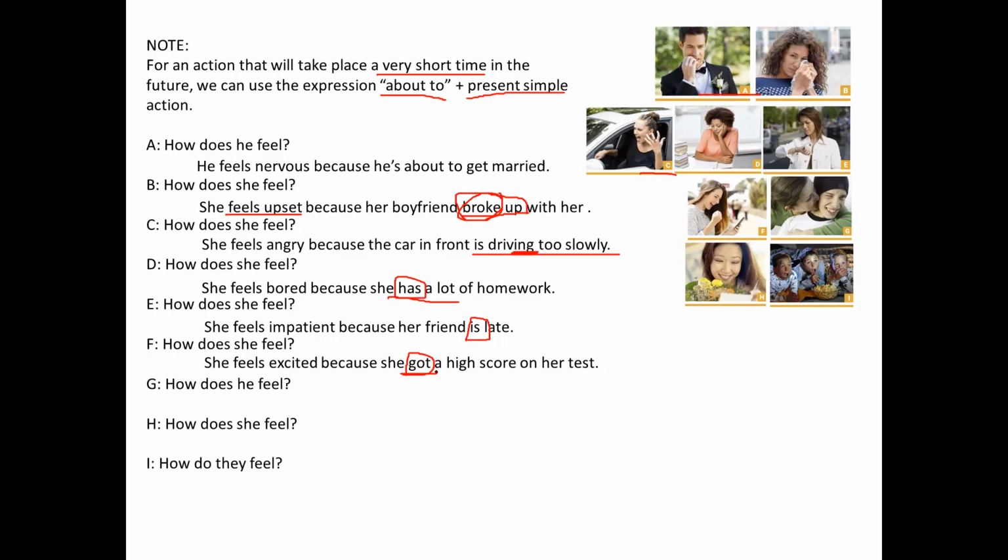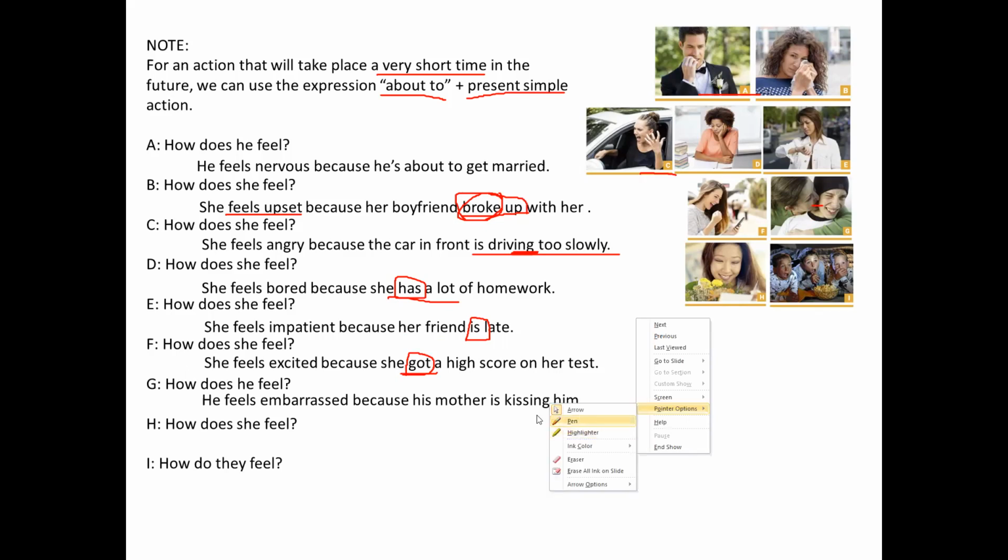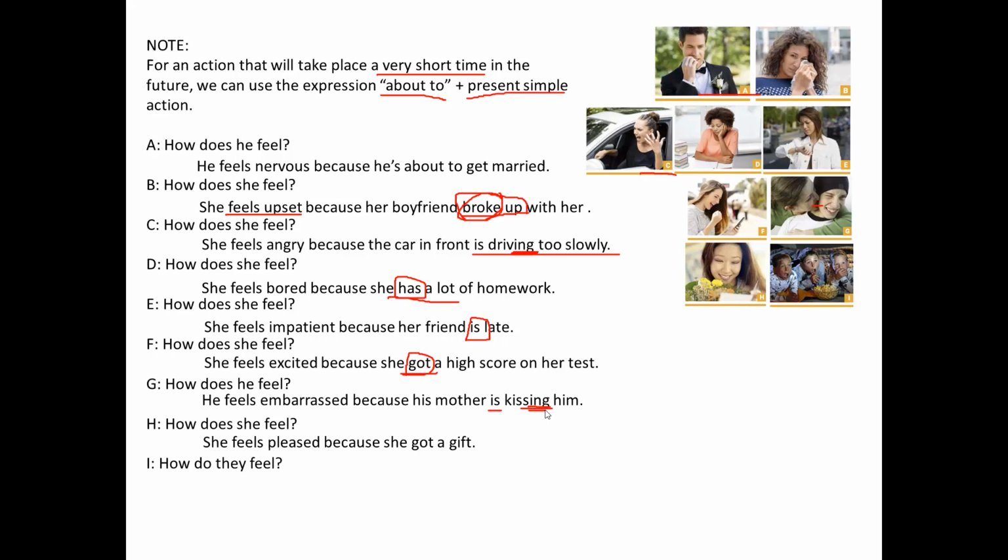This is happening right now. He feels embarrassed because his mother is kissing him. We need ing. It's happening right now. So we need the be verb plus ing. Picture H, the action happened a little bit in the past. How does she feel? She feels pleased because she got a gift. Simple past.